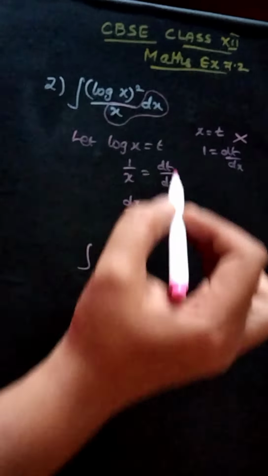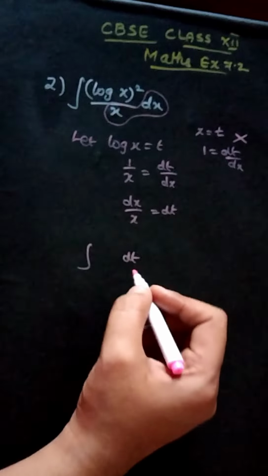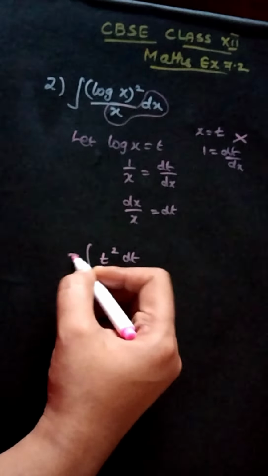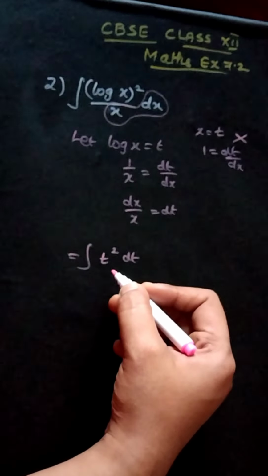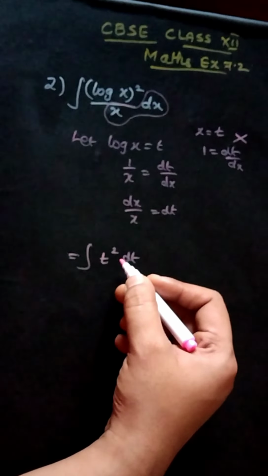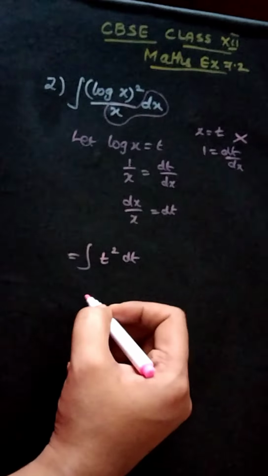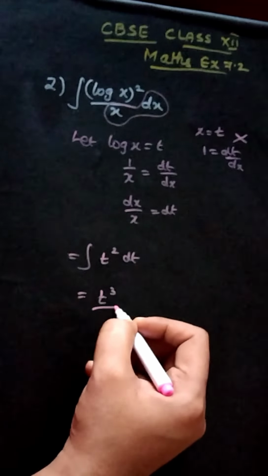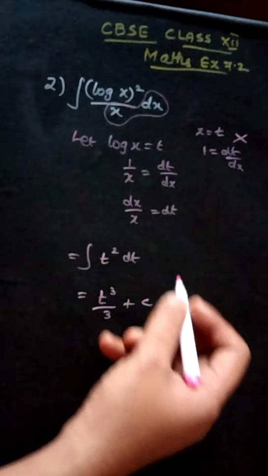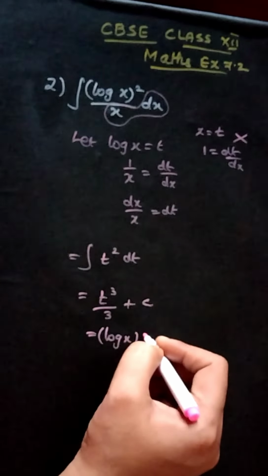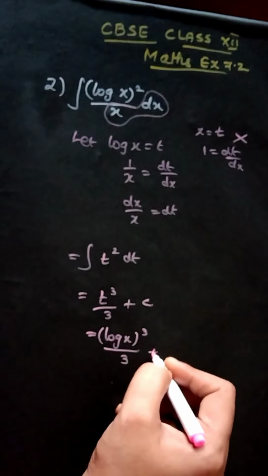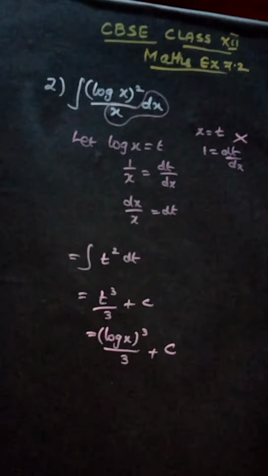In place of log x, it is t, and we have power 2. This becomes integral t square dt. And when we integrate, power gets increased by 1. So this 2 will become 3. The final answer in terms of x, that is log x the whole cube by 3 plus c is the final answer.